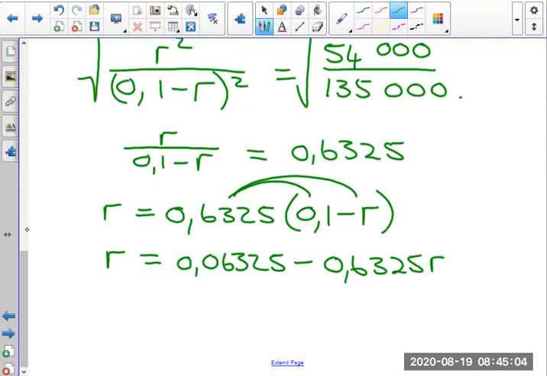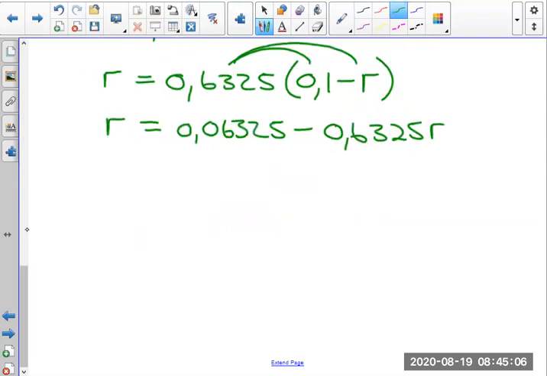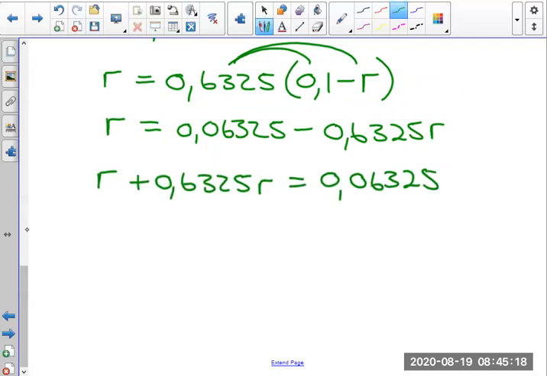And now I take the r's to the one side, so it's 1r plus the 0.6325r equals 0.06325. So it means that I'm just going to have 1.6325r equals 0.06325.